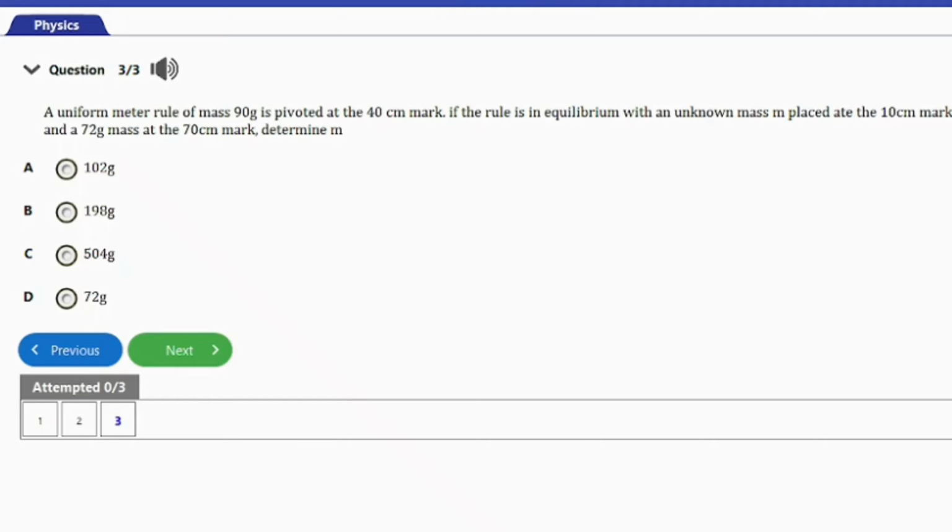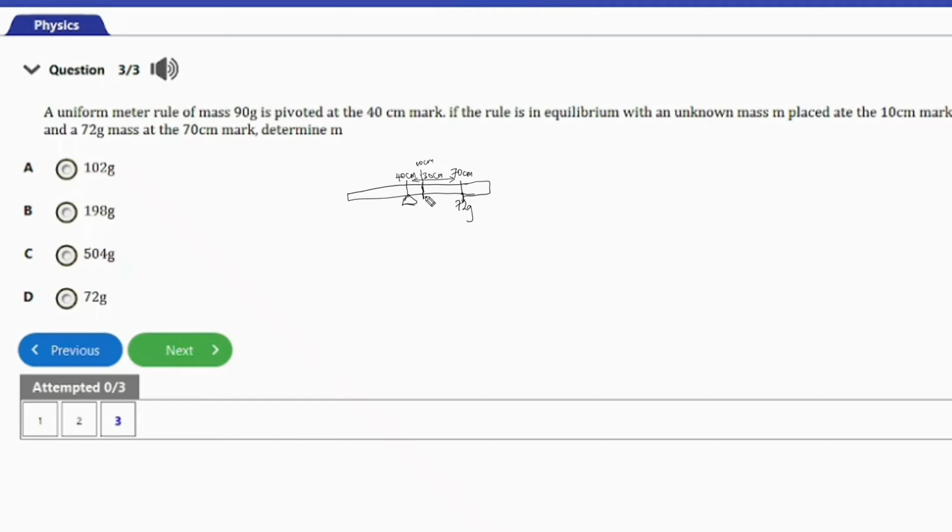So guys, using the principle of moments, the clockwise moment is equal to the anti-clockwise moment. Since the meter rule is 90 grams and it is pivoted at the 40 cm mark, and then we have another mass of 72 grams that is placed at the 70 cm mark. That's 30 cm from the pivot.